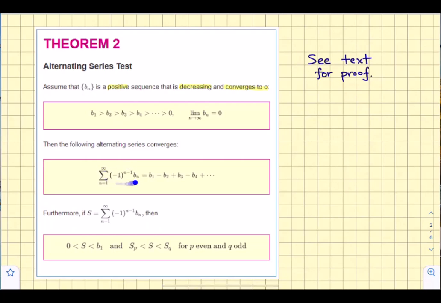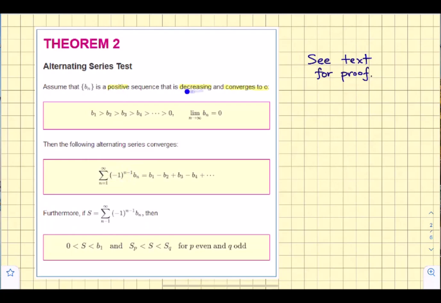It has a very important look to it: the sum from n equals 1 to infinity of this sign alternating term, minus 1 to the n minus 1, which just flip-flops between 1 and minus 1, times the b sub n's. The b sub n's themselves must be positive, so it's not destroying the alternating nature of this series.